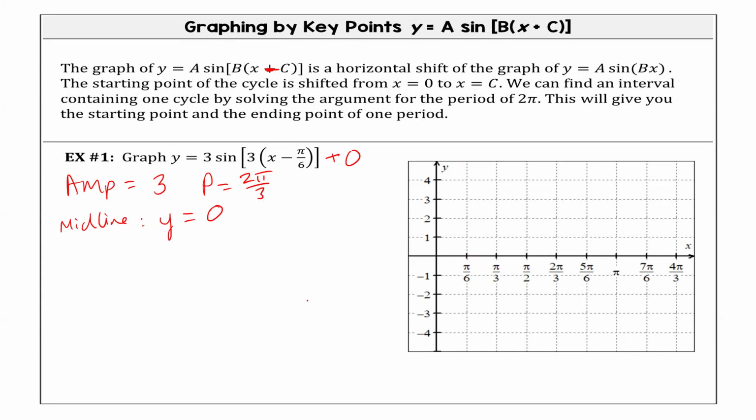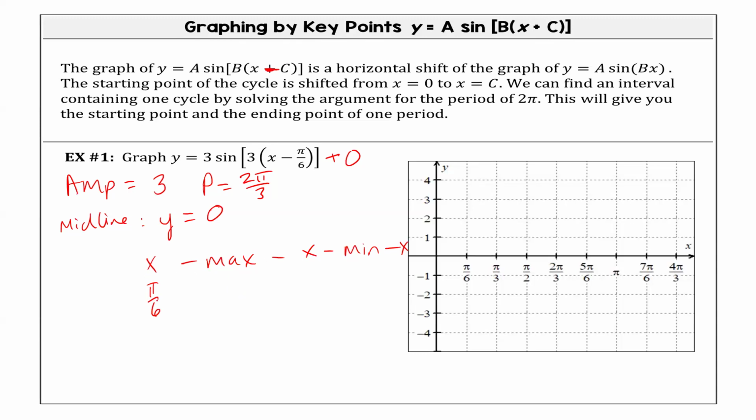We know that our amp is 3. And we know they have a sine, so because we're sine, it's going to be an x, then a max, then an x, then a min, then an x. So I'm starting at pi over 6. And my period is how long? 2 pi over 3.